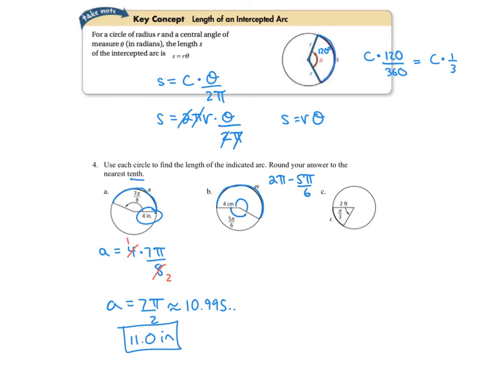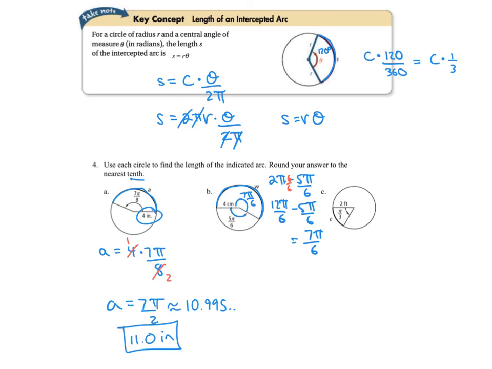So we need common denominators, so I'm going to multiply 2 pi by 6 over 6, giving me 12 pi over 6 minus 5 pi over 6, and that would be 7 pi over 6.